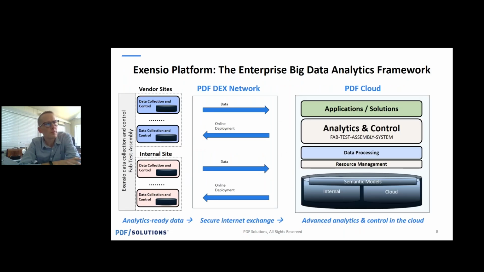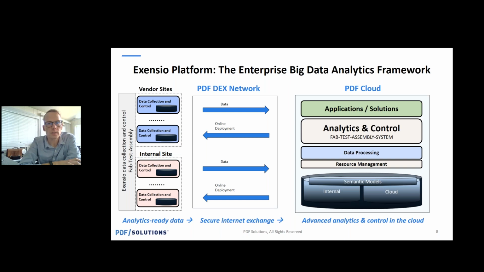Another cornerstone of how PDF is enabling smart manufacturing for our customers is by use of our data exchange, or DEX network. DEX is a bidirectional data information conduit, which enables faster and secure access to your data. It provides more complete data, having already been enriched at the source using PDF agents on equipment.